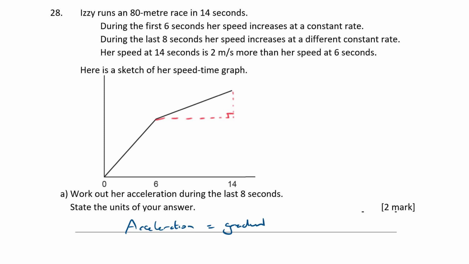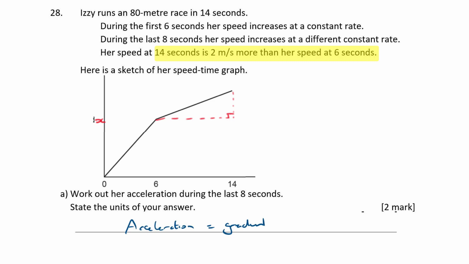Okay, now I don't know how fast she was going at time 6. Let's call it x. But I do know that at time 14 she was going 2 meters per second more than her speed at 6 seconds.